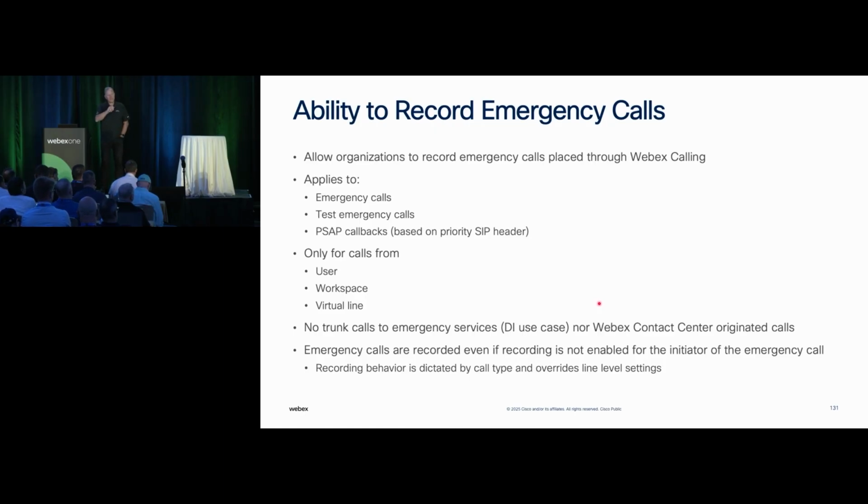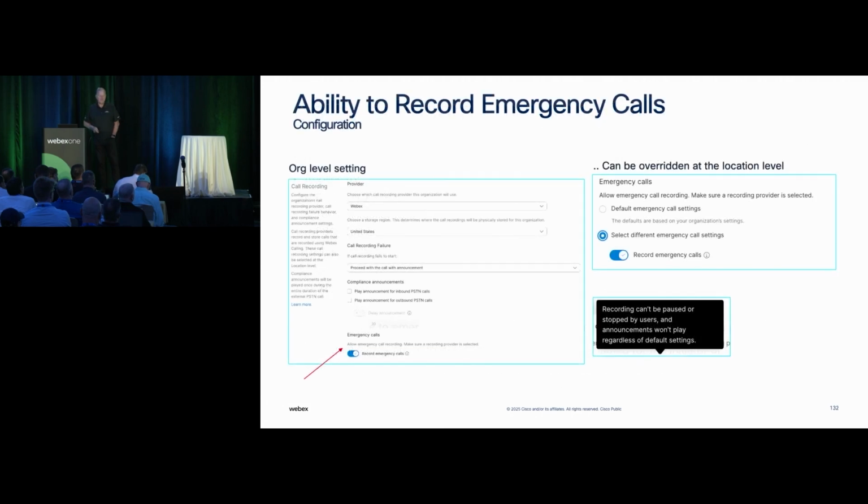When you enable this, then all emergency calls get recorded, even if recording isn't configured for the user placing the call. Right? So this overrides personal level settings. The way this works is there's an org level setting here, record emergency calls, and then you can override it at location level.